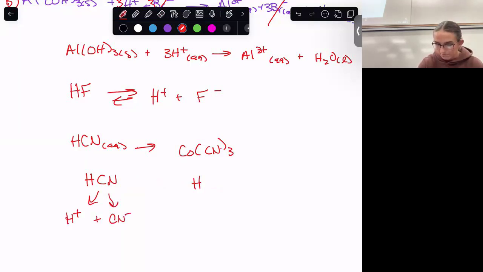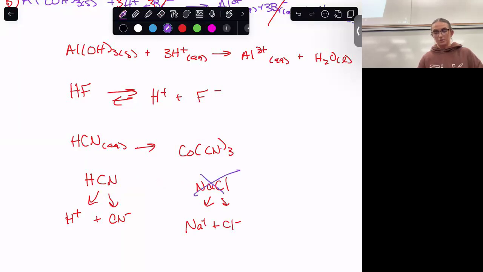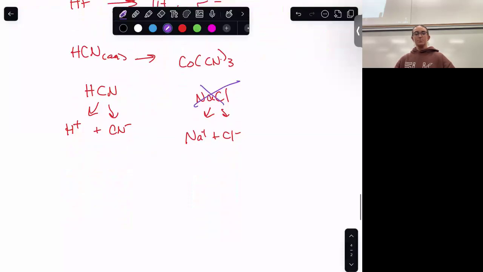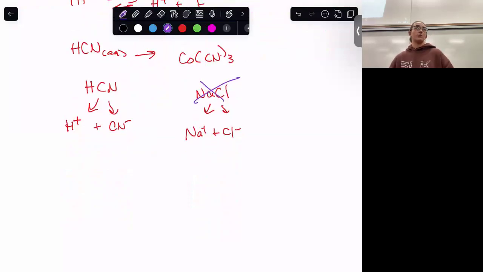When we think about NaCl, this breaks up into Na plus and Cl minus, and then NaCl no longer exists. It's only existing as its ions. Because HCN is a molecular compound, it's not ionic. It doesn't fully dissociate in water. Some of that HCN molecule still exists in water, because it's a molecular compound, not an ionic compound. Electrons are being shared in HCN, electrons are being transferred in NaCl.